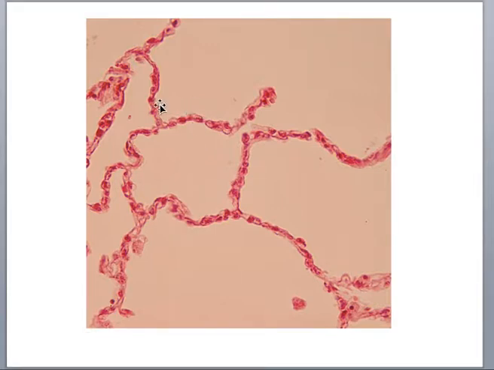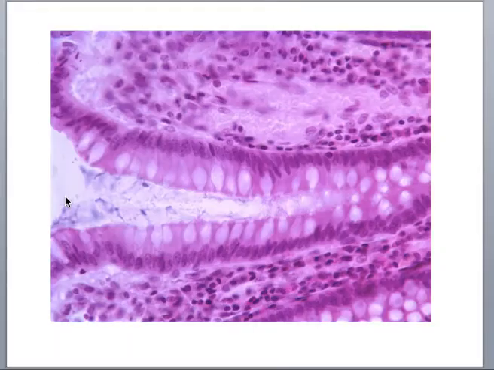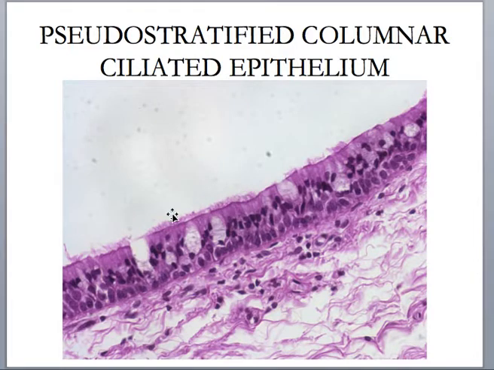Or that dust and debris could clog and make diffusion of gases very, very difficult, right? So, pseudostratified columnar ciliated epithelium: the goblet cells produce the mucus to trap, and then the cilia, for motility, beat up and out, okay, to get rid of dust, debris, and microorganisms.